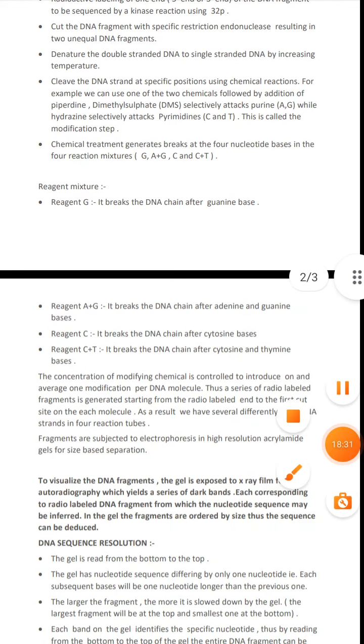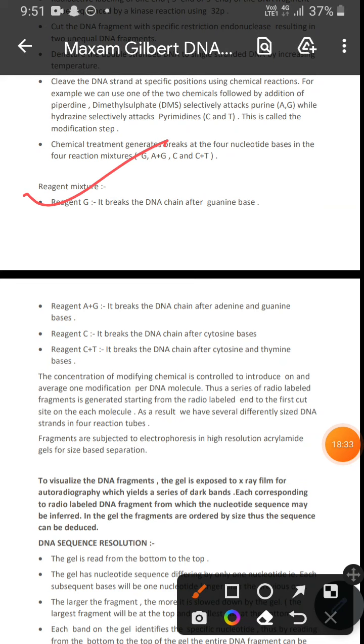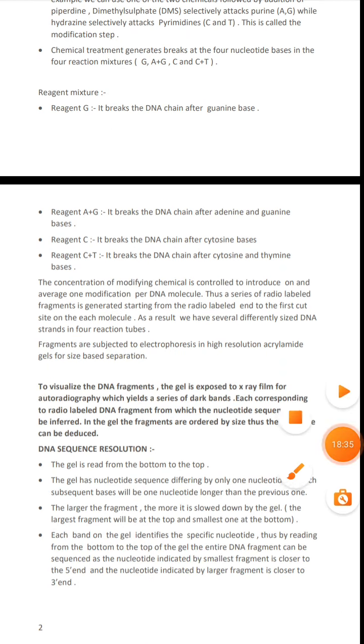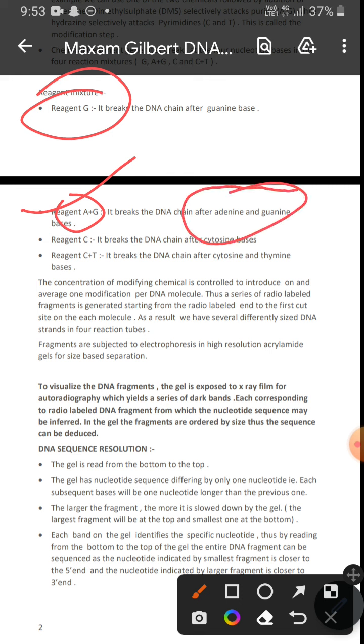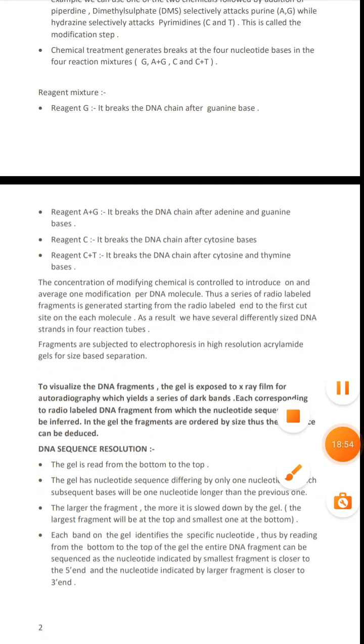So in the first reaction mixture we have reagent G. In the second test tube we will use reagent A plus G, which is designed in such a way that it will break the DNA chain after adenine and guanine by modifying adenine and guanine.